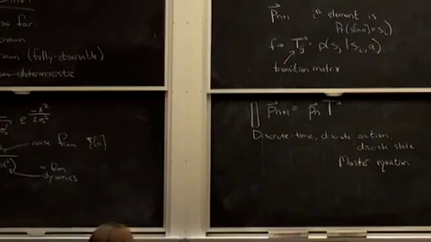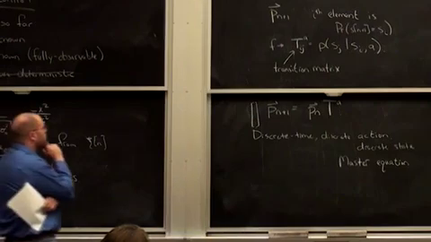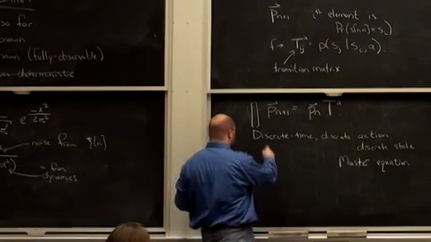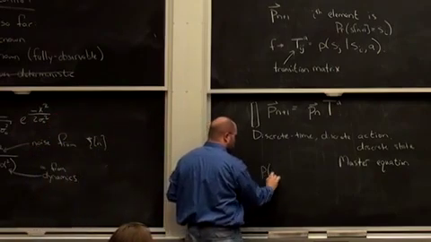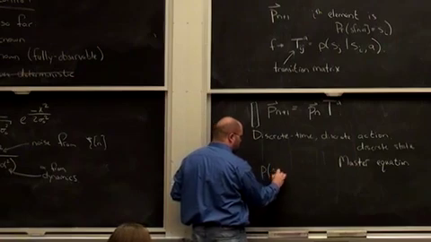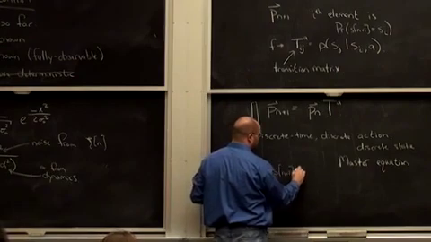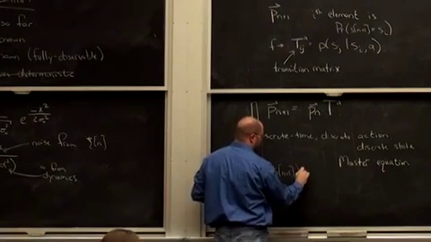Let's make sure. So the probability of being in state J, given I was in state I, should be the sum over, right, this thing, probability of S n plus 1 is a probability.